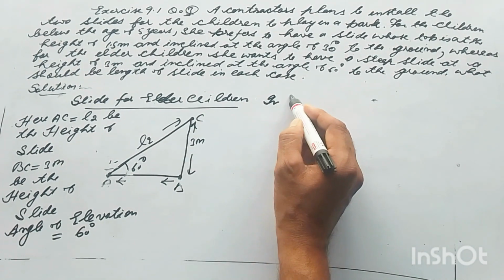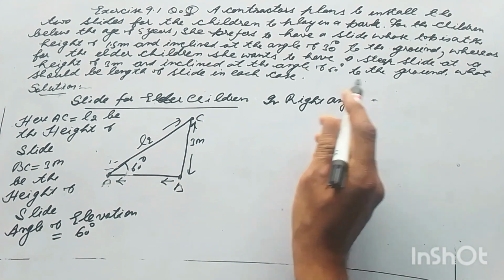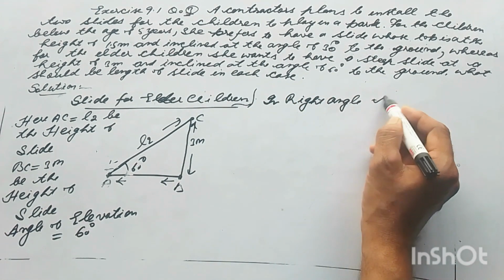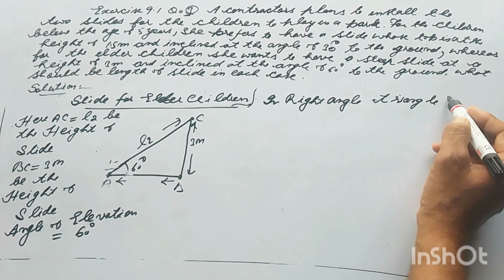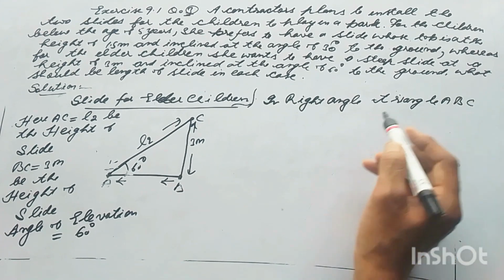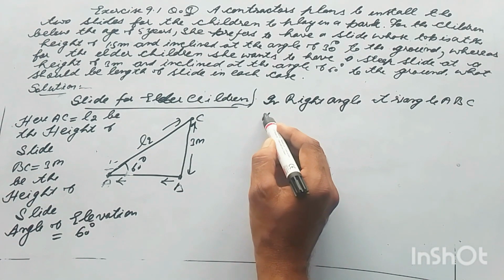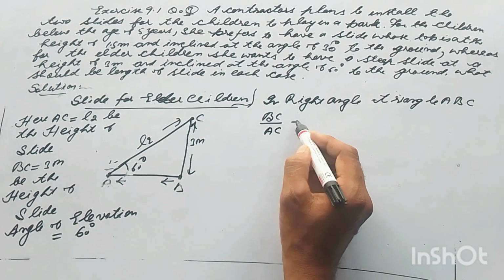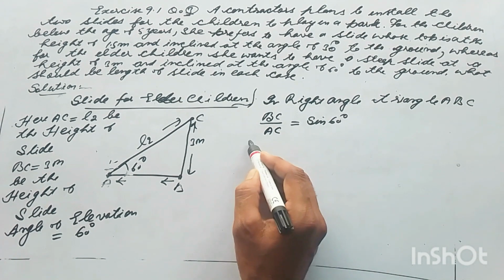In right angle triangle ABC, BC upon AC is equal to sine 60 degree.